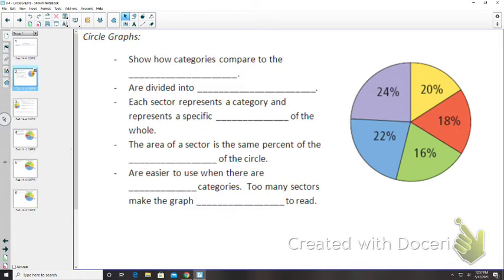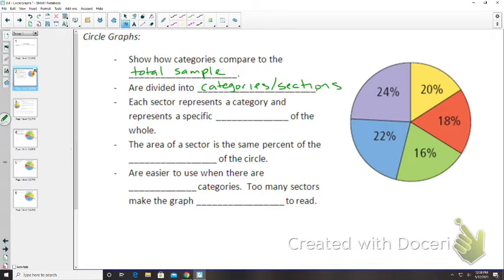So circle graphs are useful because they're going to show how categories compare to the total sample. Okay, circle graphs are divided into categories or sections.